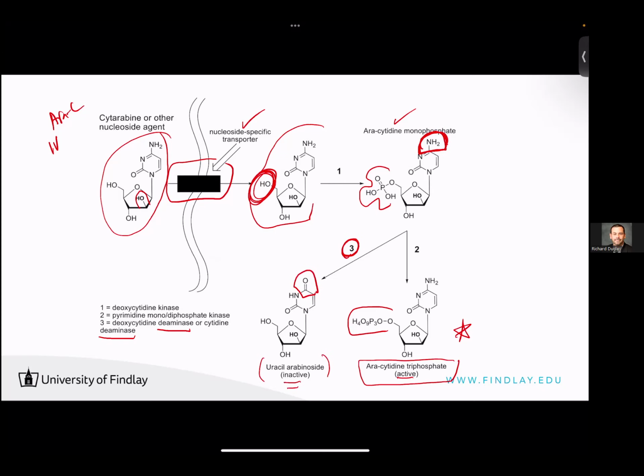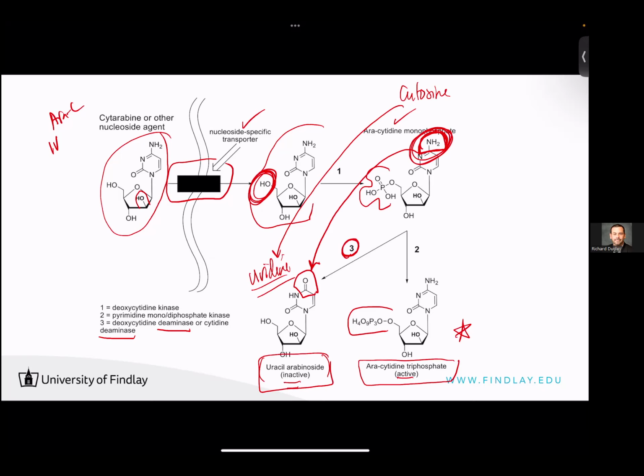A deaminase enzyme will convert the amine to the carbonyl group, and a deaminase enzyme will convert cytosine into uridine. And if that particular reaction occurs on our drug, we end up generating an inactive uridine derivative.